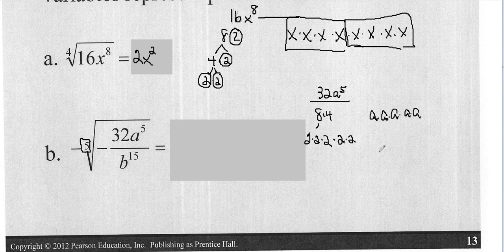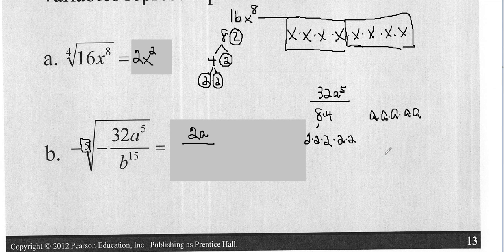For every 5 2's, I'm going to take 1 out. Well, there's 5 of them. So 1 comes out, and I'll put that in the numerator. And same with the a. I got 5 a's, so 1 of those comes out. So I've got 2a. And then that's going to be over b to the 15th.